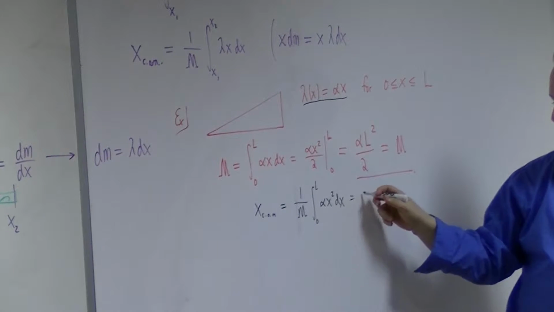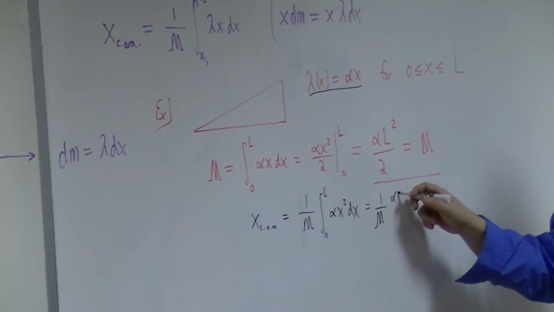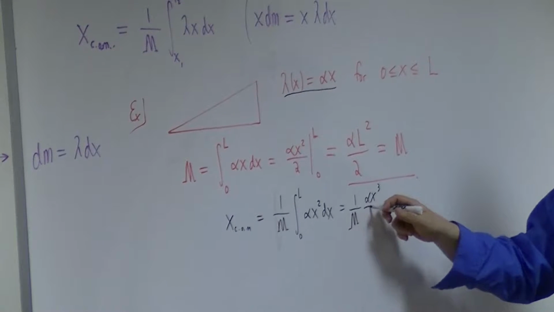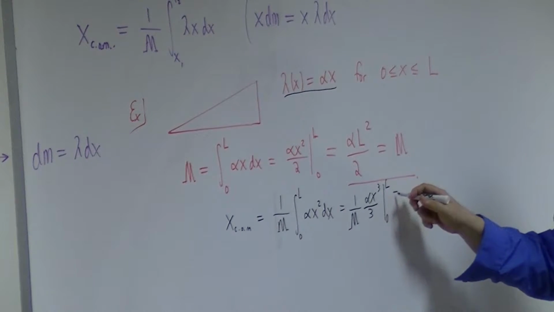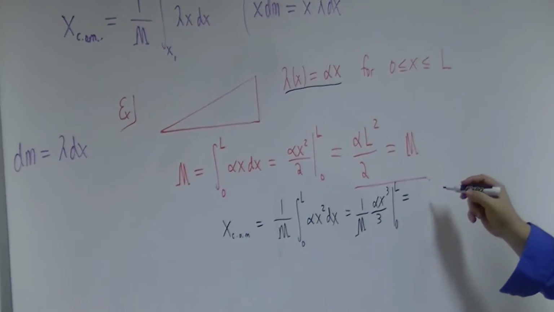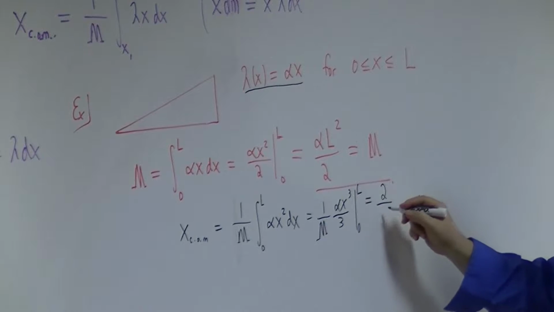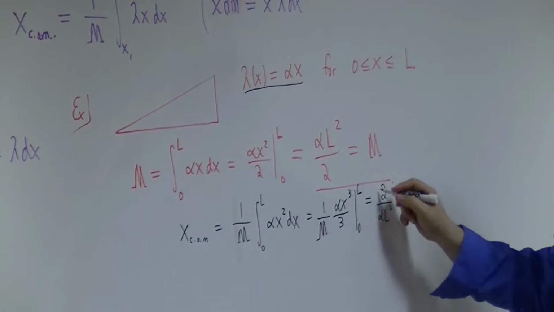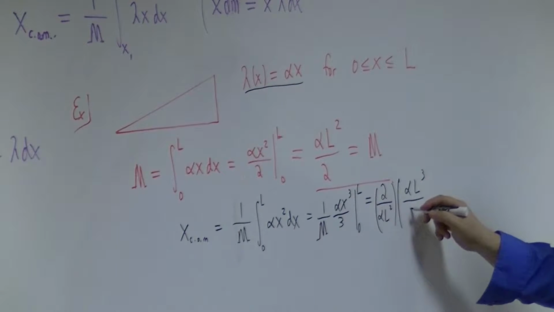And so the integral is 1 over m times alpha x cubed over 3, evaluated from 0 to L. 1 over m is, by the way, 2 divided by alpha L squared, times alpha L cubed divided by 3.